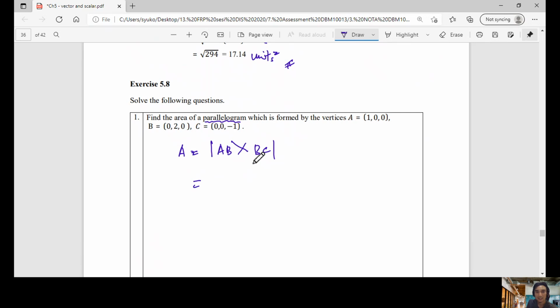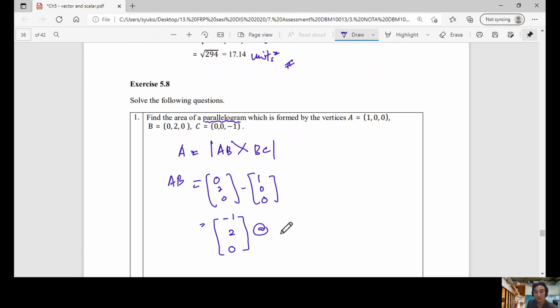So we find the AB. So AB equals 0, 2, 0 minus 1, 0, 0. This is the coordinate of vector B minus vector A. Then you will get negative 1, 2, 0 in the matrix form, so that you just convert into the vector form.